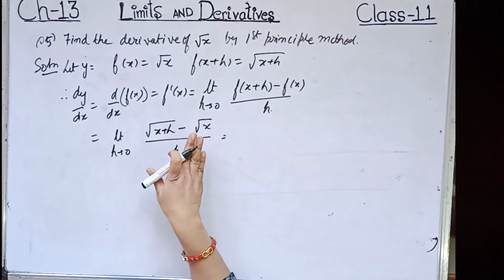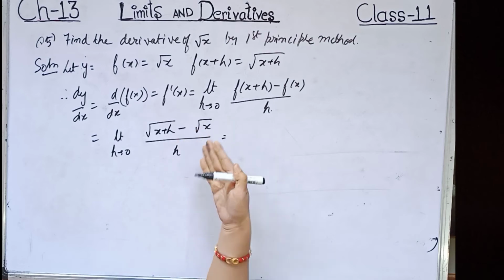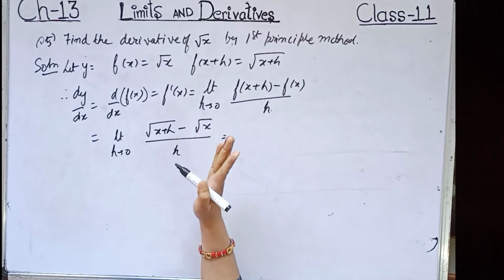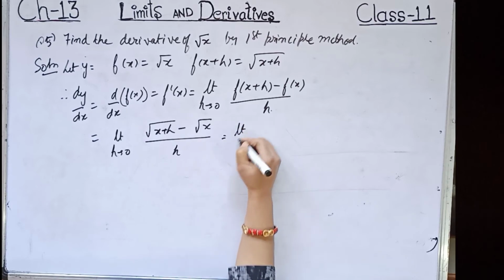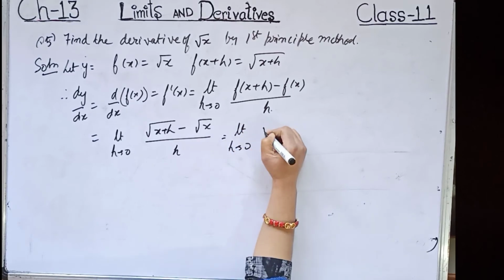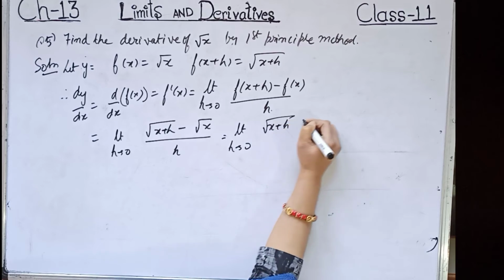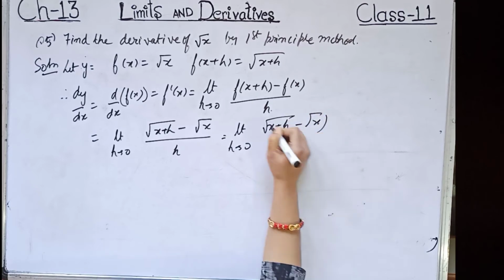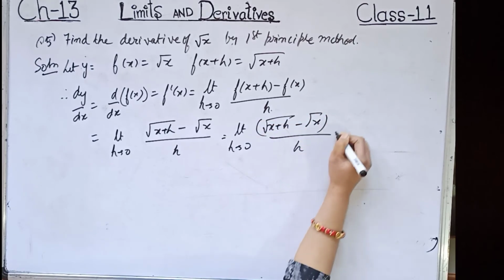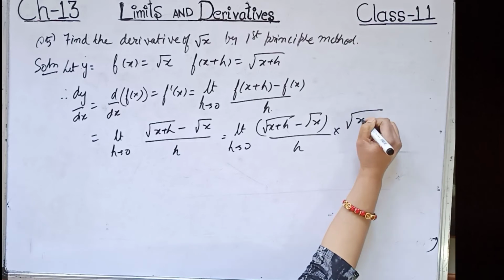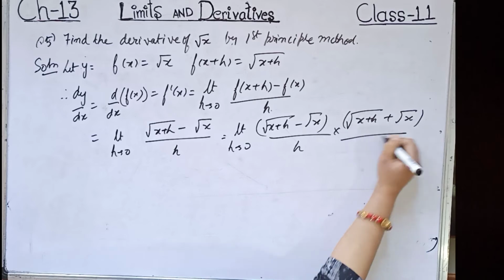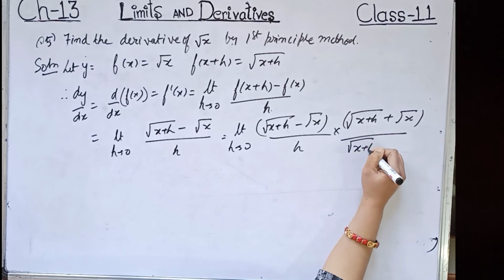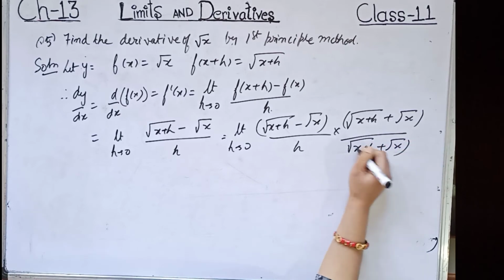So to make it in a defined form, we will be rationalizing it, because in limit also we have done, if root comes we used to rationalize. So let us rationalize it. Limit h tending to 0 of under root x plus h minus under root x, by h, into under root x plus h plus under root x, divided by under root x plus h plus under root x.